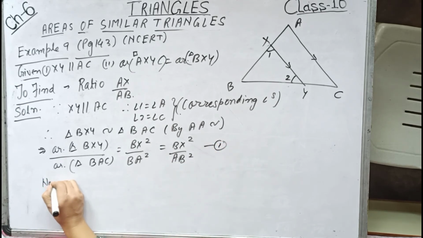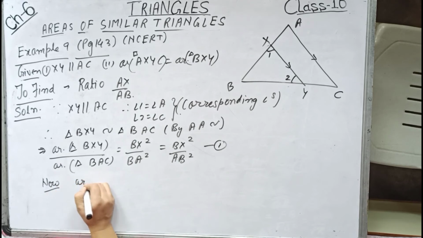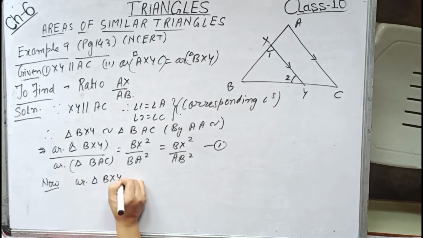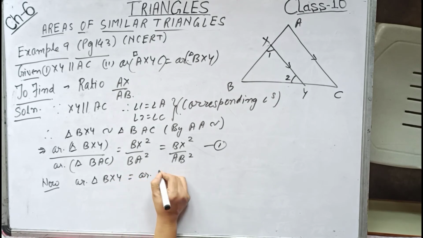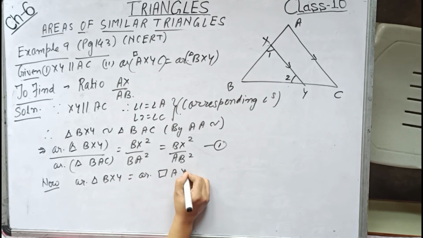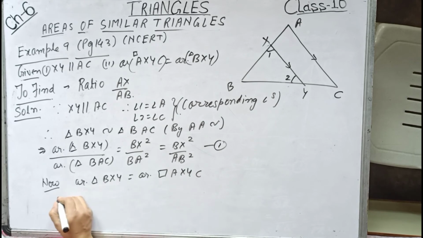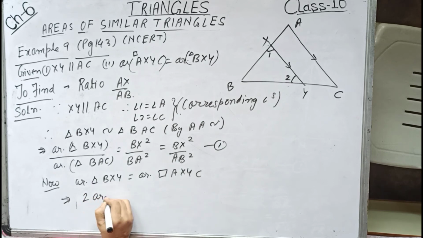Now it is given that area of triangle BXY equals area of quadrilateral AXYC. So we are adding this BXY to both the sides. This implies twice area of triangle BXY.